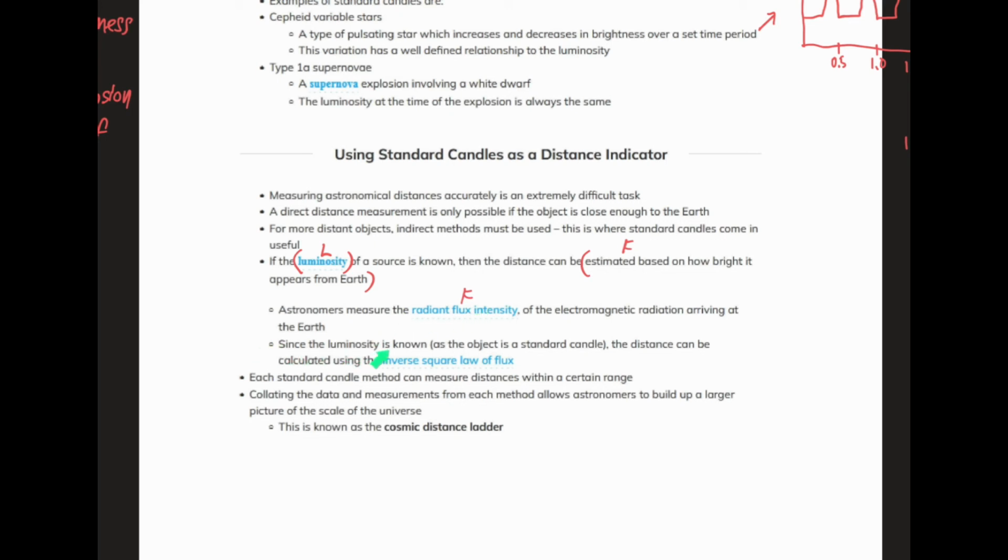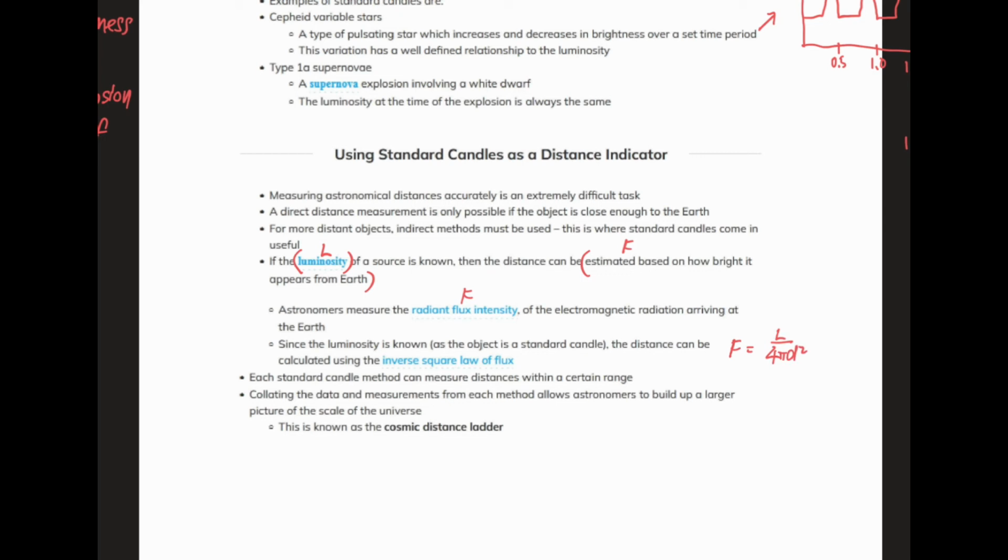And since the luminosity is known because of the standard candles, the distance can be calculated using the inverse square law of flux. So the formula is F equals L over 4 pi d squared. And then we can calculate the d.